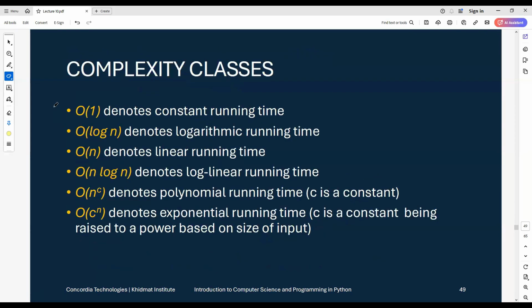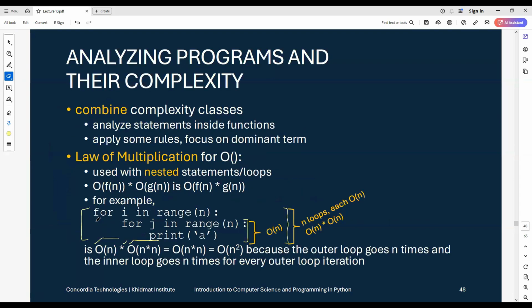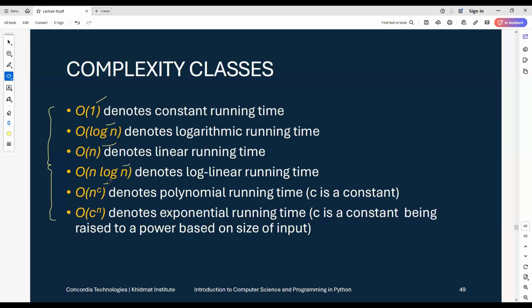So these are all the classes of algorithms. Every algorithm that you can write falls probably in one of these. So this is constant running time, log running time, linear running time, log linear running time, and this is polynomial efficiency. The only problem that we saw was two nested for loops, and that was n squared. So any constant raised to the power n is exponential complexity.